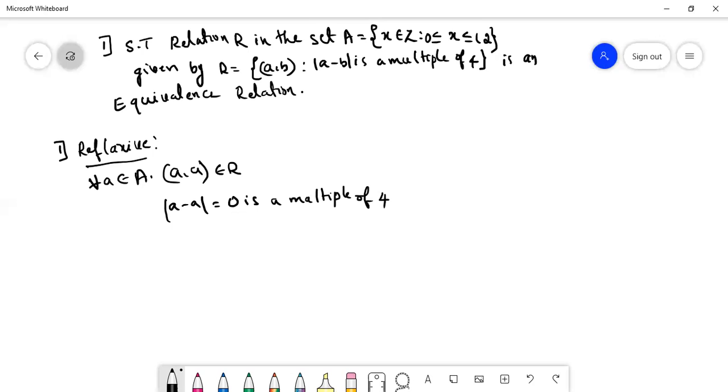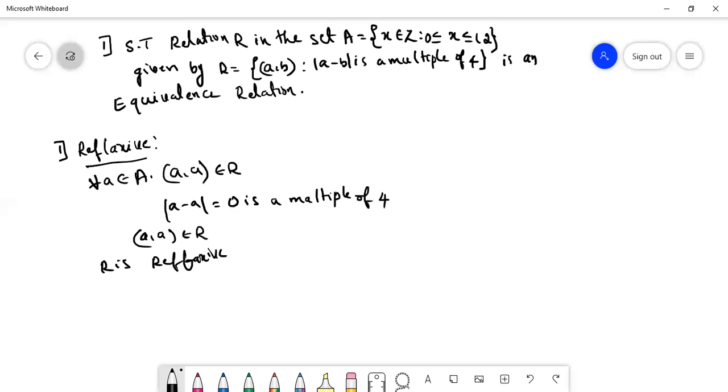Therefore (a, a) belongs to R, which means R is reflexive.